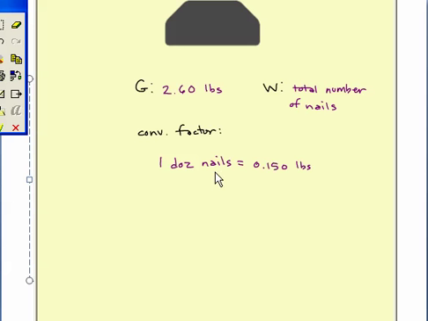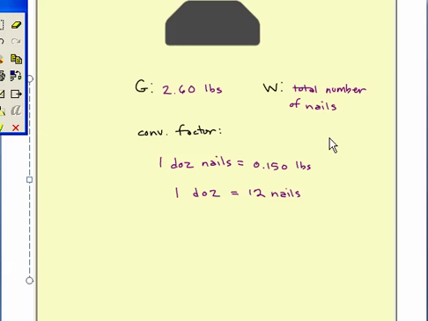Now, a dozen we know is 12, but this is actually not a number here. So we're going to get it into number: 1 dozen is equal to 12 nails. I could express my answer as dozen, but we want to know our actual number.